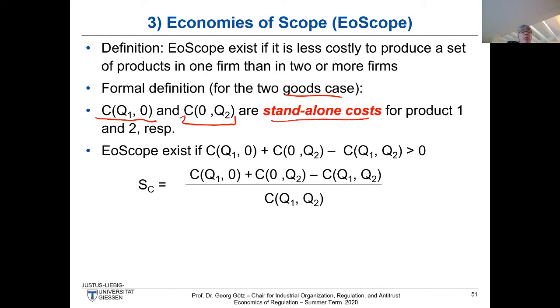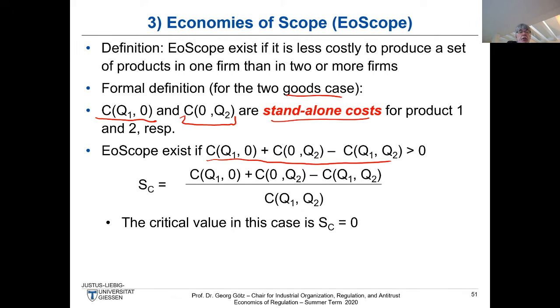Okay, now we can also define such a scope economy index, which is actually the same as what we had previously in the numerator, just divided by the cost. So it's not so interesting to derive this scope economy index, because the critical value here is 0, whether it's larger than 0 or smaller than 0.